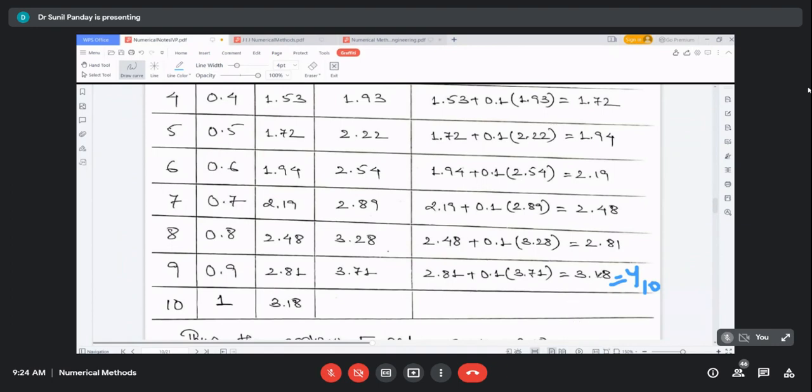So x10 is 1, and this is your y10. If you take a larger n, like 100 instead of 10, then you have to do this 100 times, and you will get a better value of y(1).